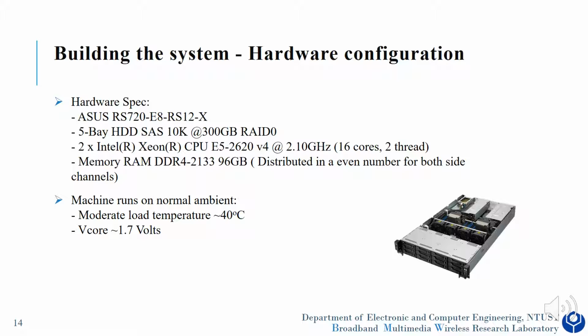And the machine runs at normal ambient temperature, approximately 40 degrees Celsius, and a core voltage around 1.7 volts, which indicates that no overclock is implemented in this system, and it is also stored in a proper environment.